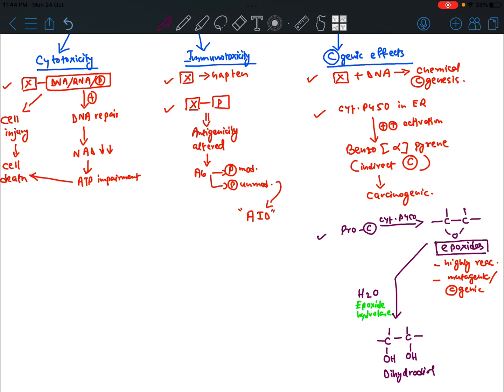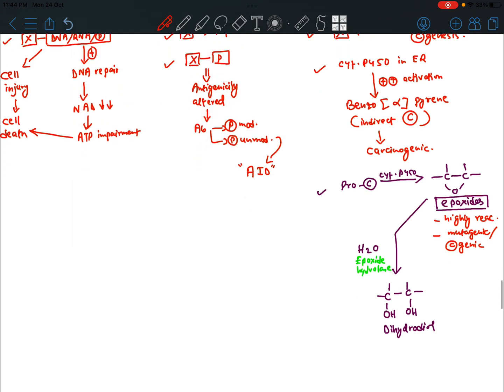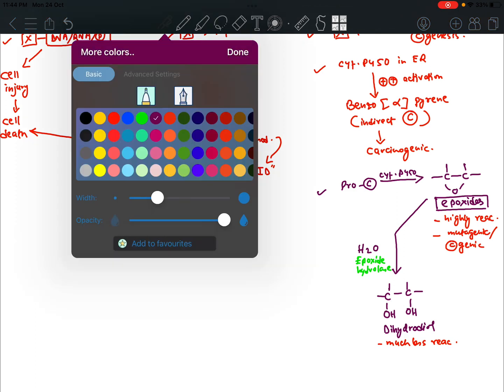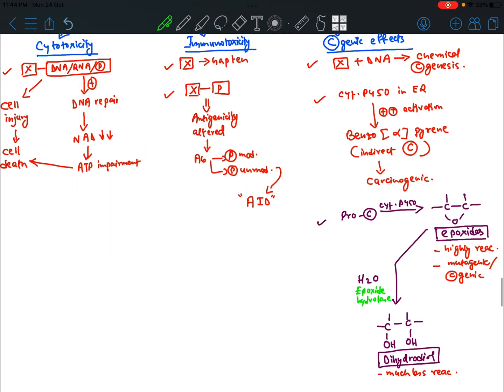This dihydrodiol is much less reactive. So yeah, pretty much that's it. Epoxide hydrolase is present in the ER membranes.